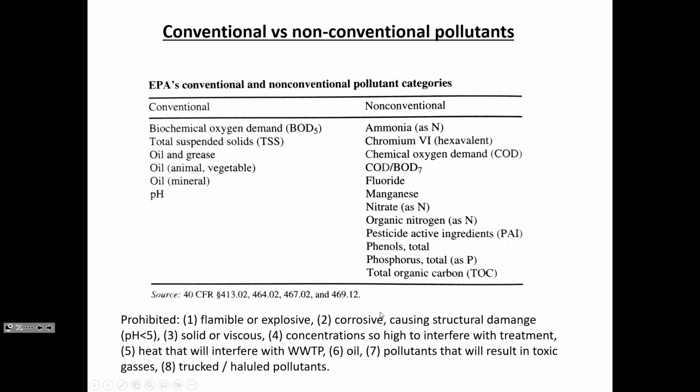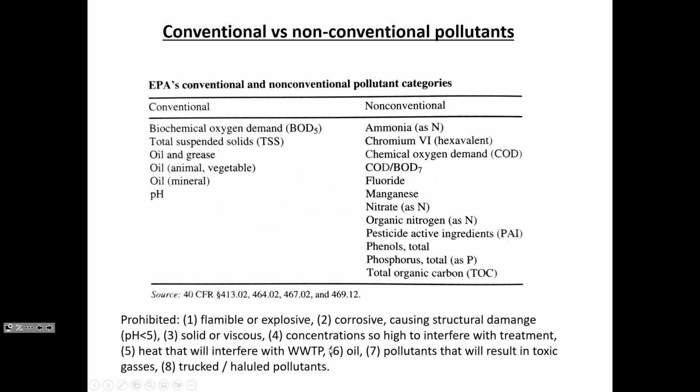And so if there's a facility that discharges a huge pulse of BOD in a really variable way, that could overwhelm the treatment capacity of the plant, and so that would be considered a prohibited waste. Even if it's just ordinary BOD, if they were releasing huge quantities of it, followed by periods of relatively low concentration so that the variation was interfering with the plant's operation.